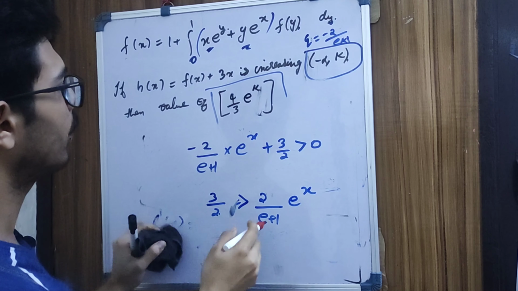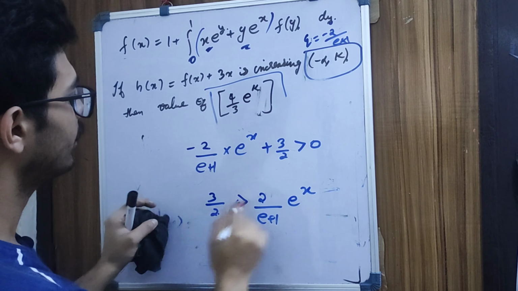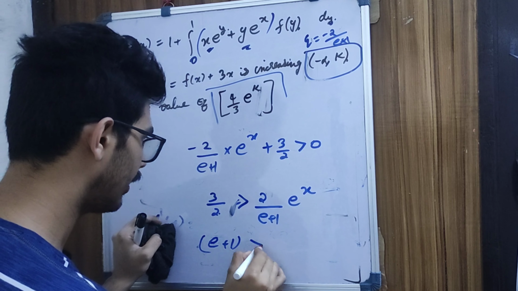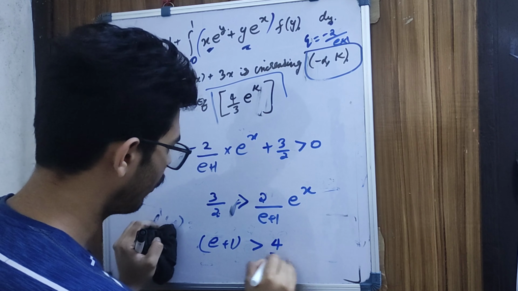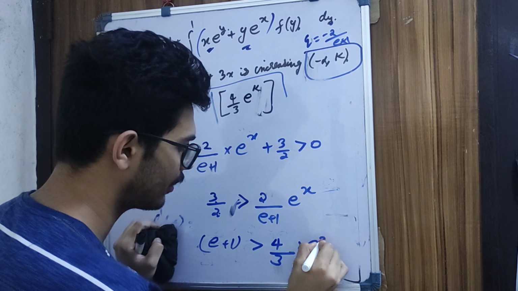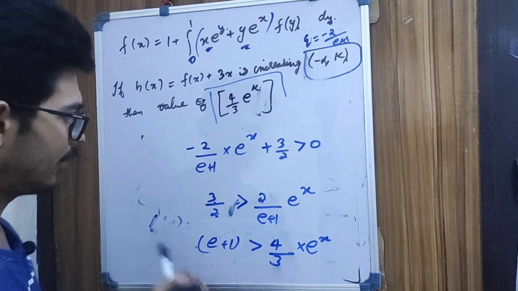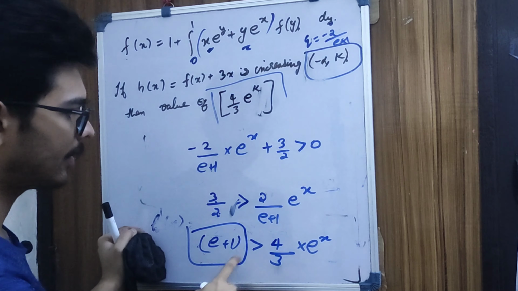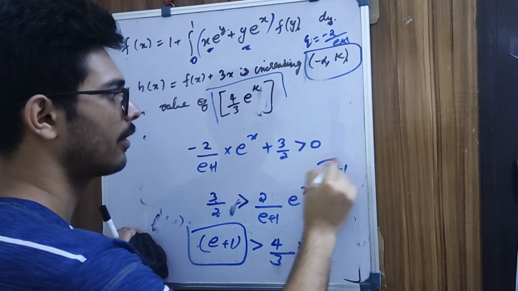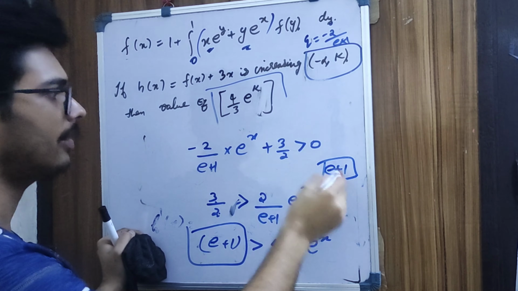Now we are cross multiplying. We will get the value as e plus 1 is greater than 2 into 2, 4 divided by 3 into e raised to x. So we can write the value of 4 by 3 e raised to k as e plus 1, which will be less than or equal to e plus 1. So we can write our answer as e plus 1.